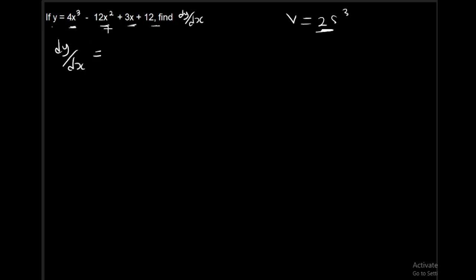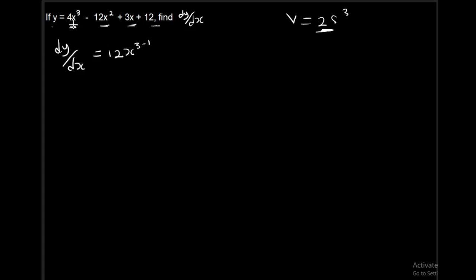So applying the formula method to each term here, all we need to do is multiply the power by the coefficient, which is 4 here. 4 is the number behind the letter, so it's known as the coefficient. So we have 3 times 4, that will give us 12. Then we rewrite x, subtract 1 from the power, so we have 3 minus 1.